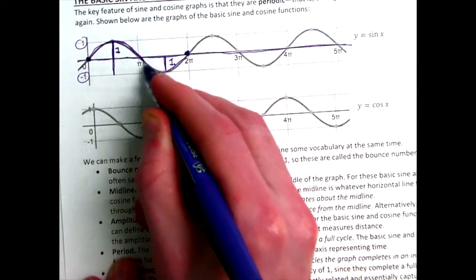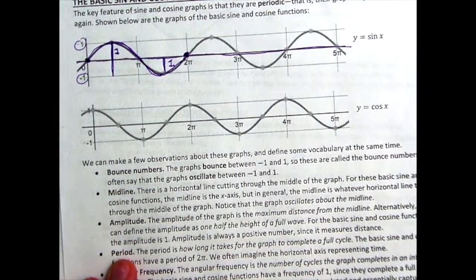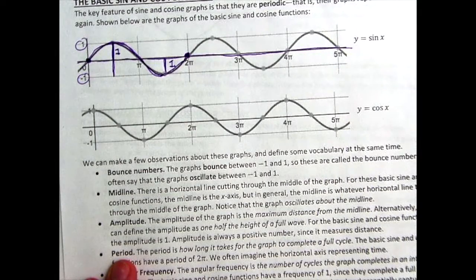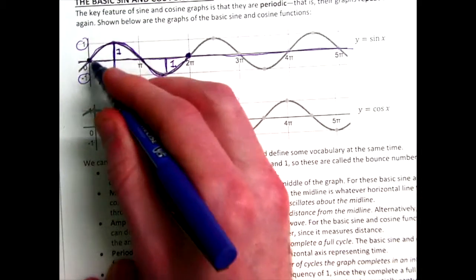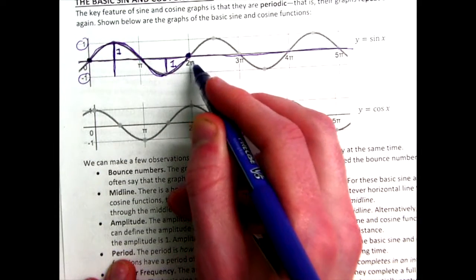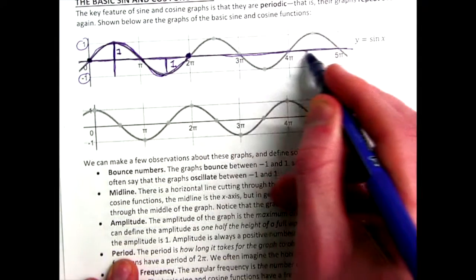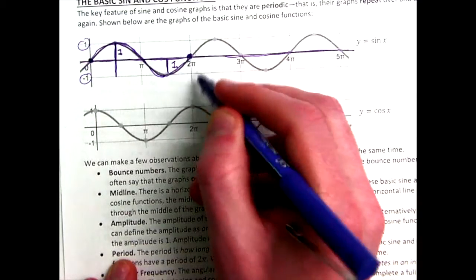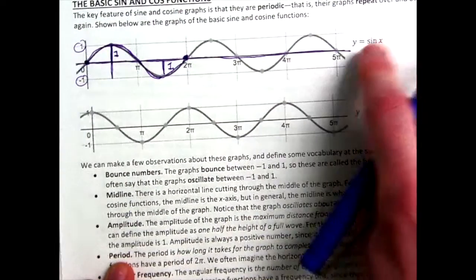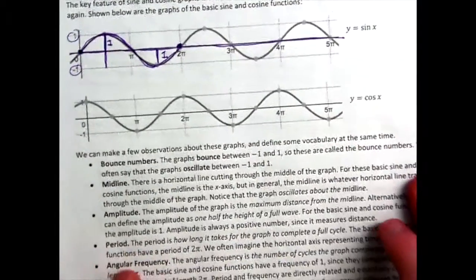This portion that I've outlined right here, that's a full cycle. And the period is just how long that cycle is. How long does it take to repeat? You can see that measured in radians, it takes 2 pi units to repeat. We often imagine that the horizontal axis is time, so we're asking, how long does it take to repeat? Well, 2 pi units. So for the basic parent sine and cosine functions, the period is 2 pi.